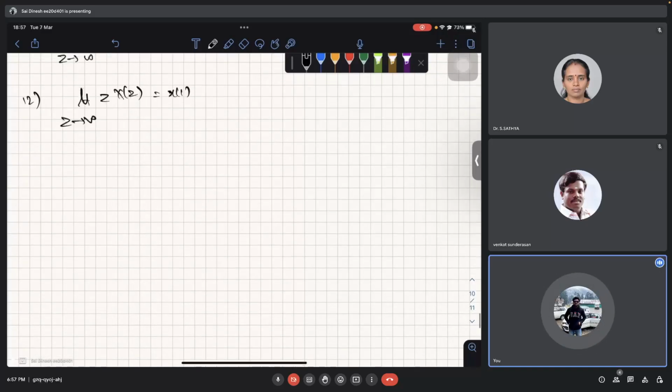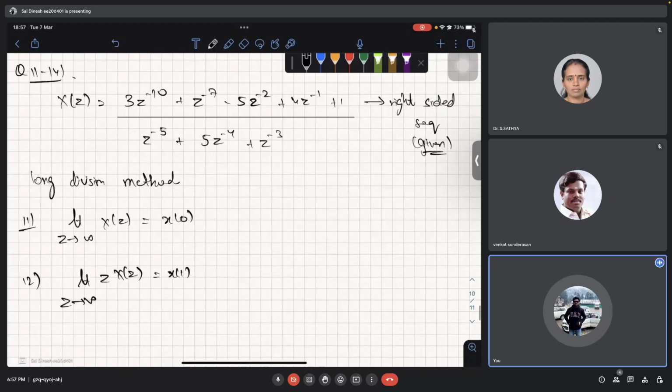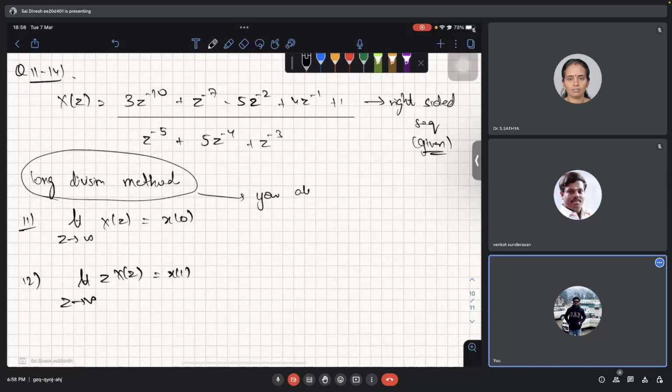For 11, 12 and 13, it is done in the same way. Or else you can do the long division method. Once you do the long division method, you automatically get the x of n, from which you can derive x of 0, x of 1 and x of 2.